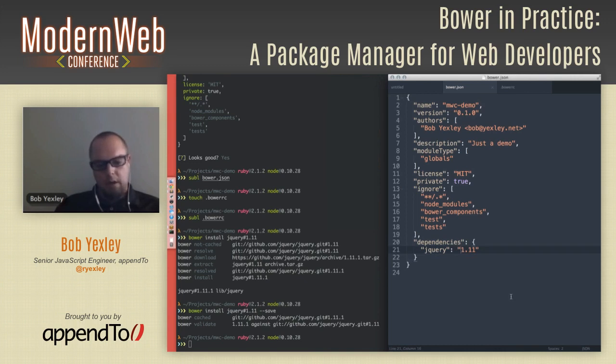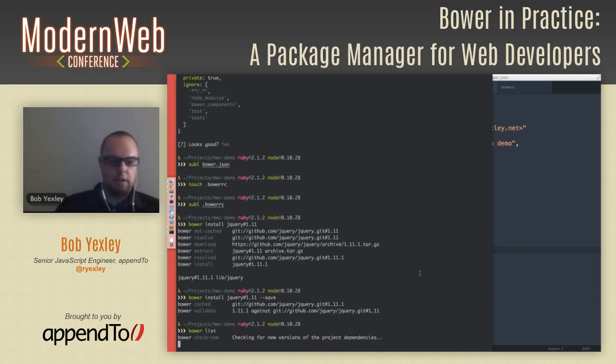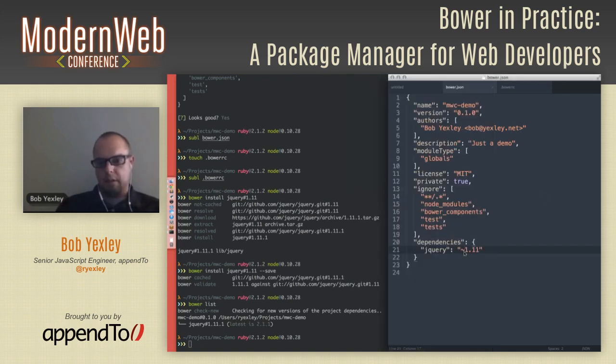So I'm going to put this tilde in here and see what that does when I run Bower list first. It says I've got jQuery version 1.11.1, and the latest is 2.1.1.